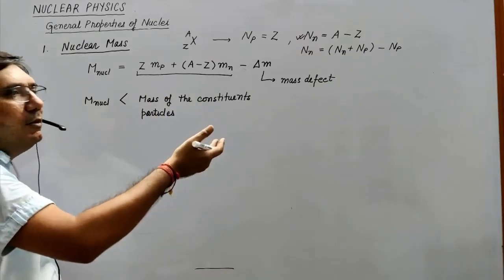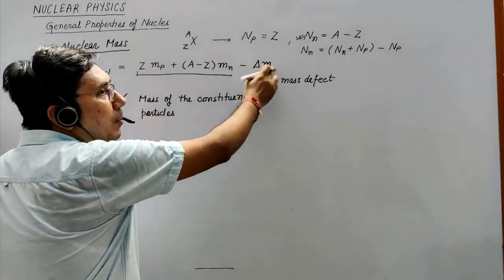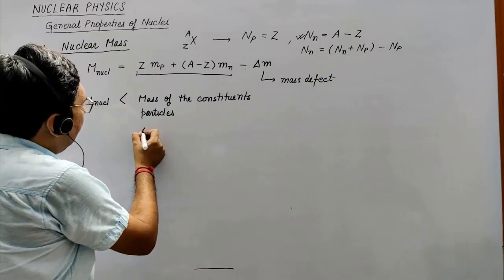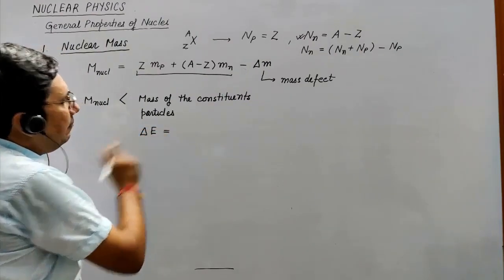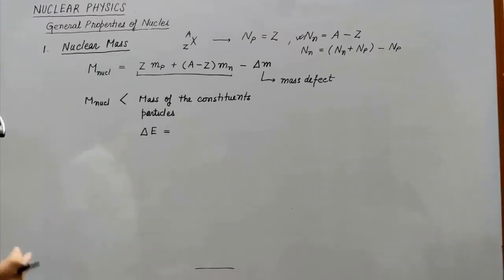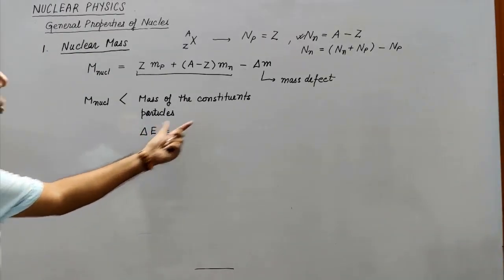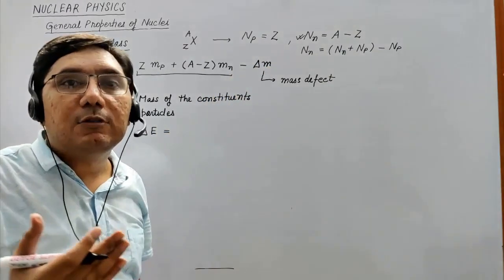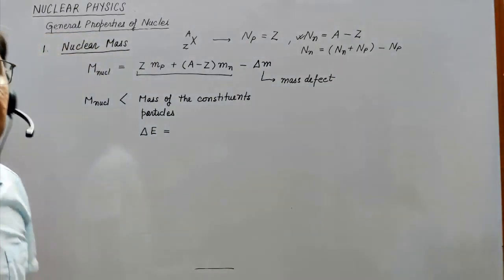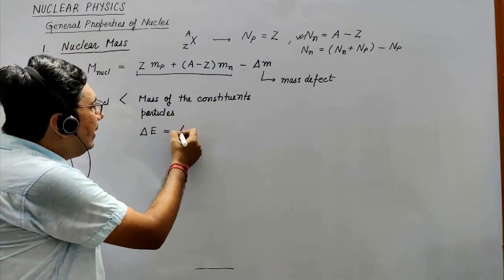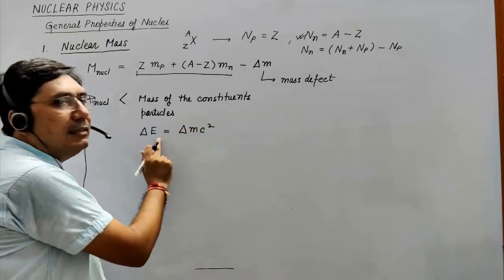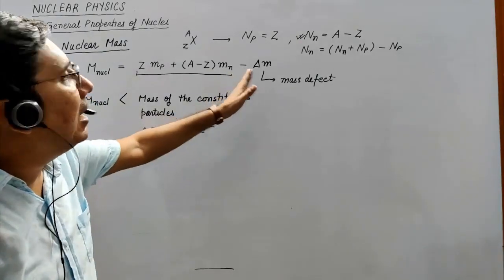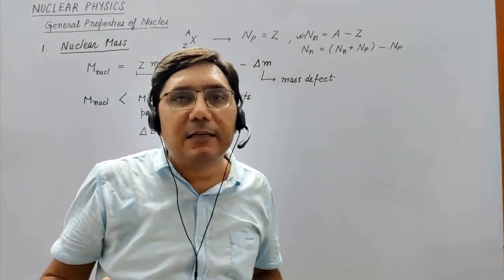And how much energy will be released when delta M mass is lost? The released energy will be delta E, and we can calculate this delta E corresponding to delta M by using Einstein's mass-energy relation, that is delta M c square. So this will be the energy released due to this mass defect. So what is happening here?